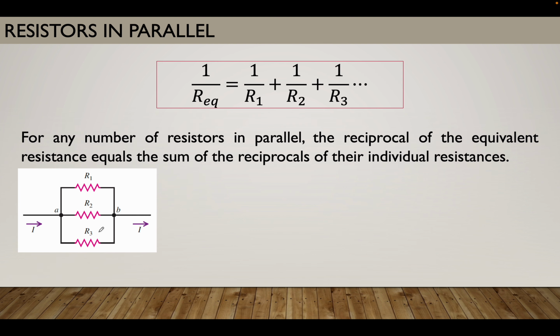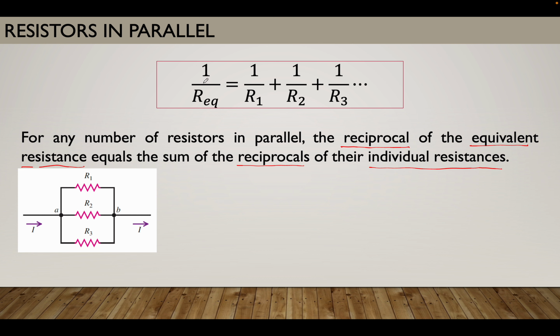Okay, so as you can see, it's different from the resistors in series. Kung sa series, you just need to sum up all their individual resistances. But here, for any number of resistors in parallel, the reciprocal of the equivalent resistance, which is 1 over R equivalent, is equal to the sum of the reciprocals of their individual resistances.